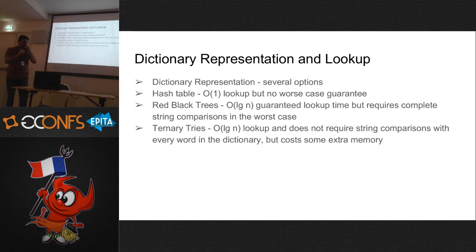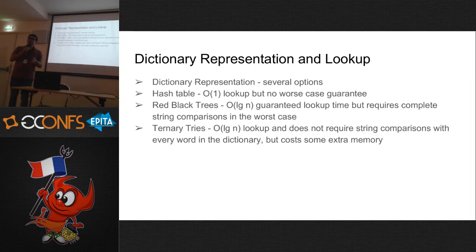But we could use a red black tree also, which guarantees O(log n) performance. But if you have a huge dictionary and you want to see whether a word is in the dictionary or not, you have to do a string comparison at every node in the tree. You'll end up doing a lot of string comparisons.